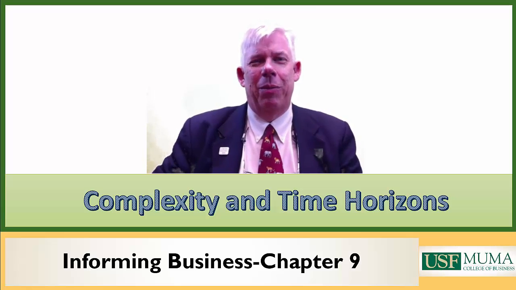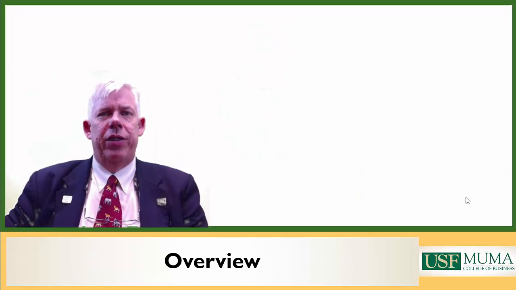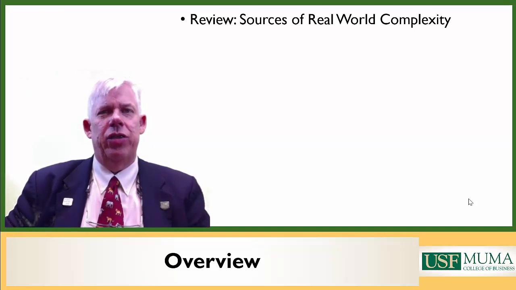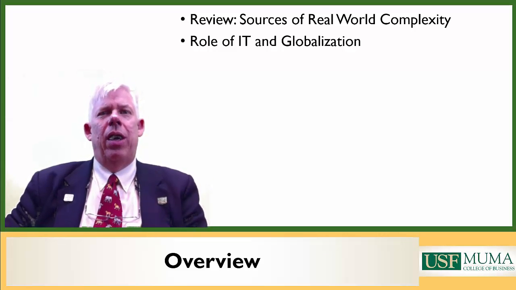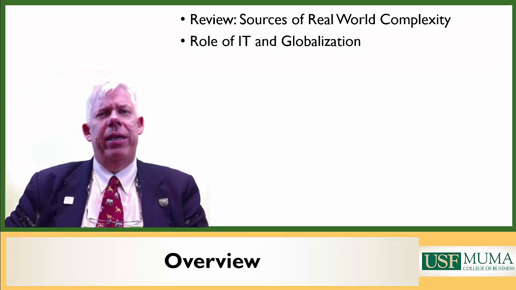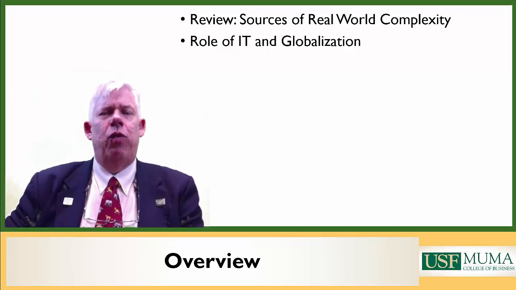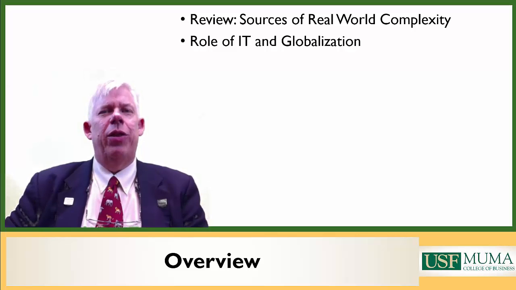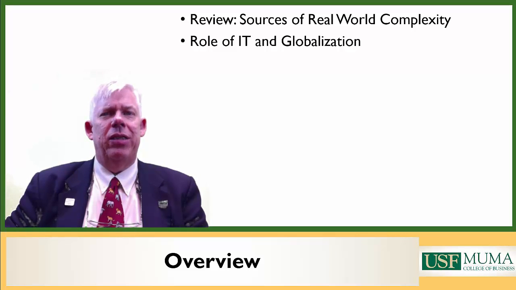So the organization of this chapter presentation is, first we'll take a look at some of the sources of real-world complexity. This is something that's just a review of the previous chapter. Then we'll look at how the introduction of information technology and the expansion of our informing systems to make them global actually impacts this overall environment through impacting real-world complexity.